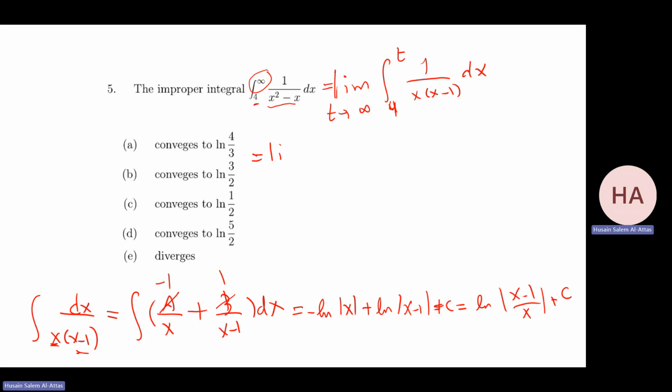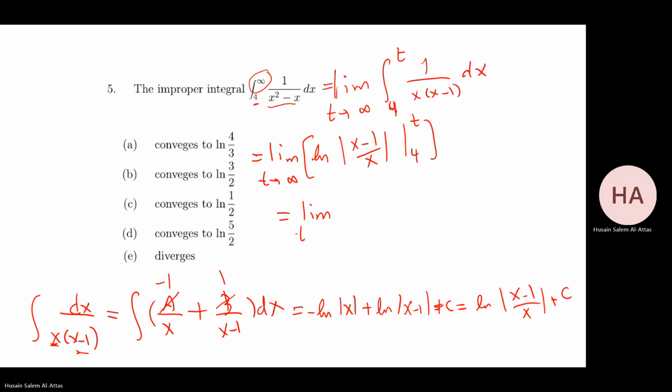So that will be the limit as t goes to infinity of ln of the absolute value of (x minus 1) over x, from 4 to t. That will be the limit as t goes to infinity of ln of (t minus 1) over t, minus ln of 3 over 4.